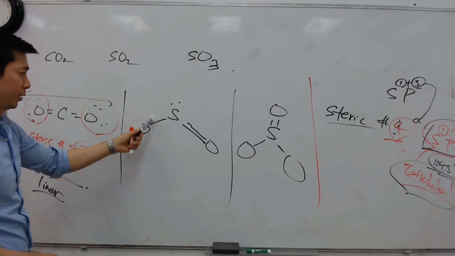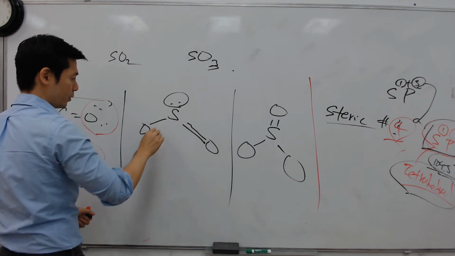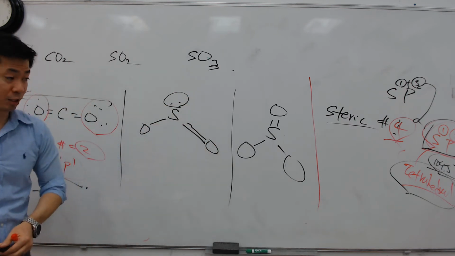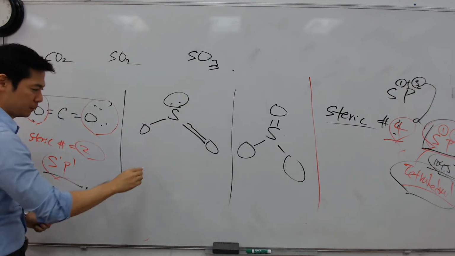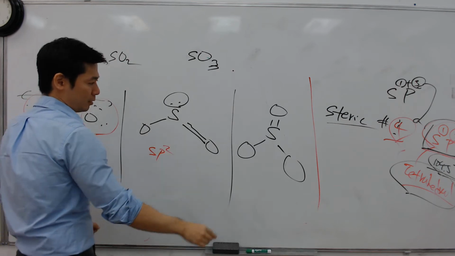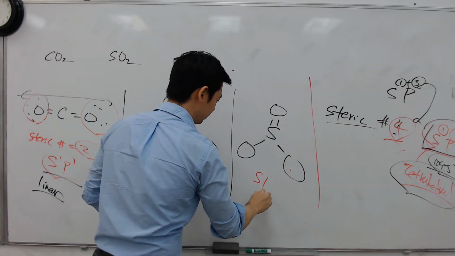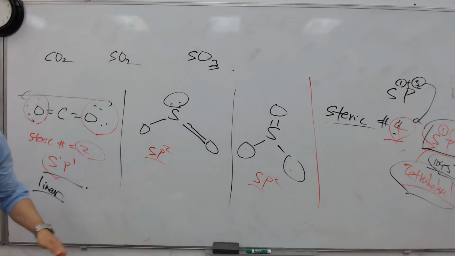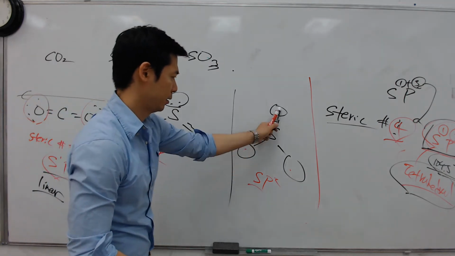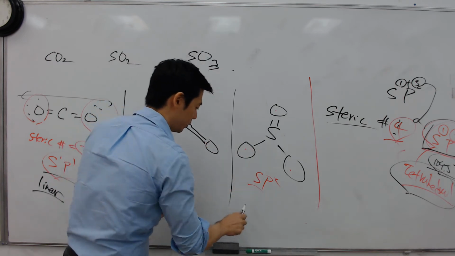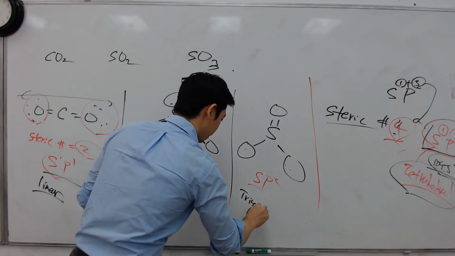How about these guys? You have 1, 2, and 3. The steric number is 3, which must be sp2. This is also 1, 2, 3, sp2. So if it's sp2, this one is trigonal planar.